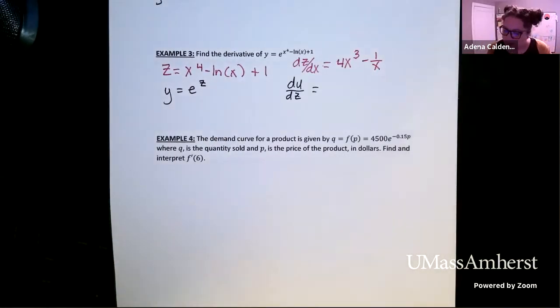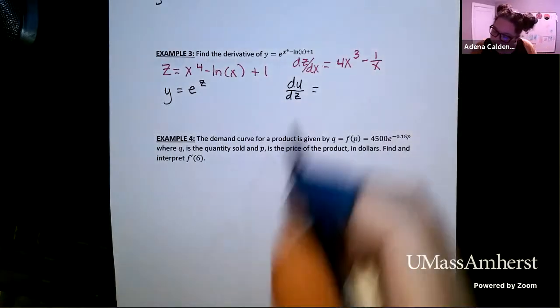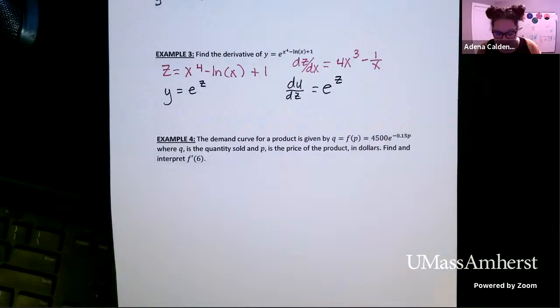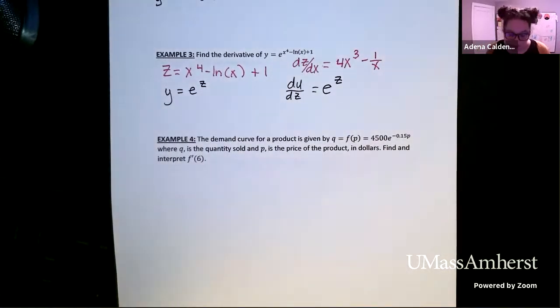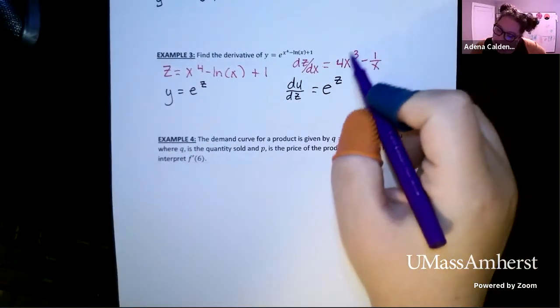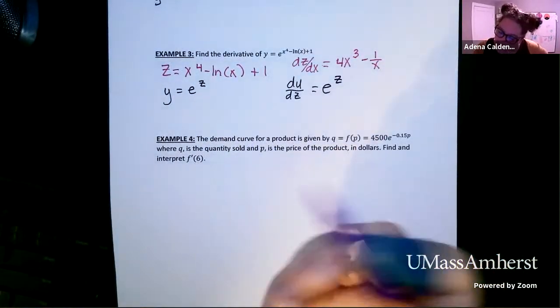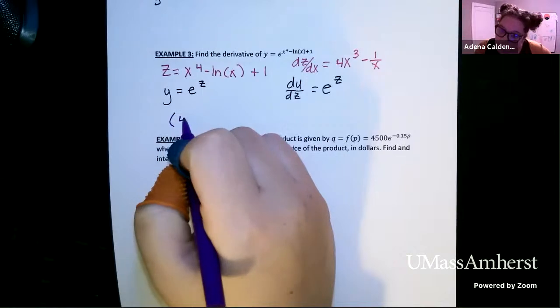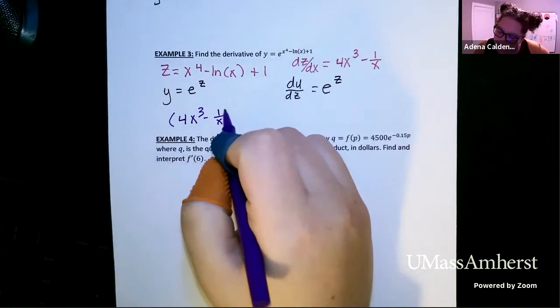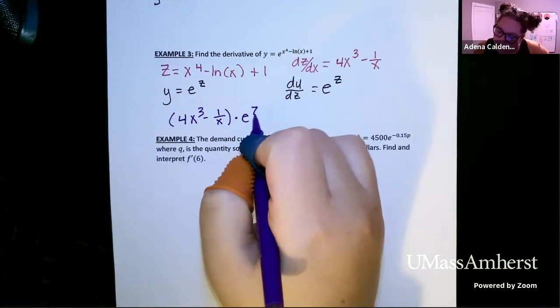For our e to the z, the derivative of y with respect to z, the derivative of e to the z is just e to the z. So now we want to multiply these two things together. I will note that this has more than one term, so I'm going to use parentheses. So I have 4x cubed minus 1 over x times e to the z.